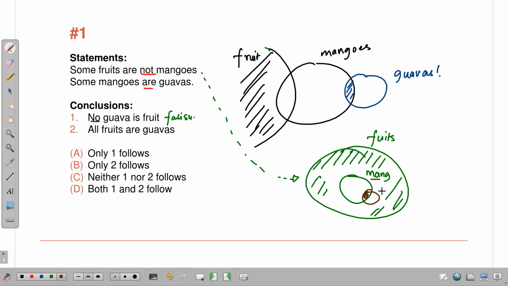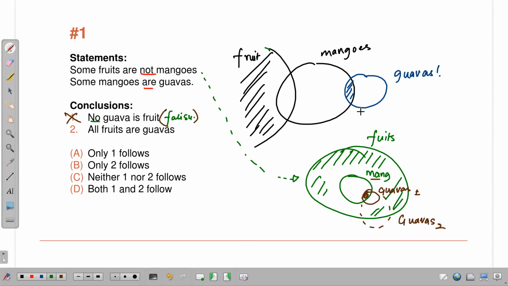Some of the mangoes are guavas. Guavas can have been even a bigger set. Okay, in this possibility, can I say no guava is a fruit? All of the guavas technically become fruit. So there is a possibility which can falsify it, and therefore this claim is not true.